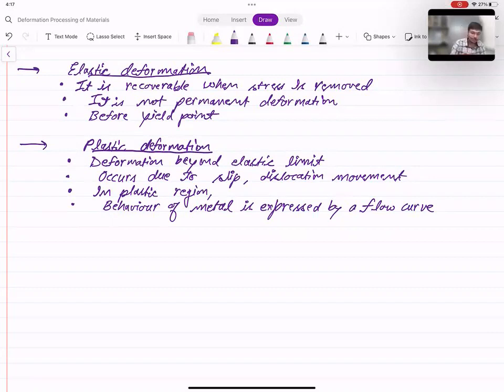Okay, so this flow stress occurs beyond the yield point or the yield stress.